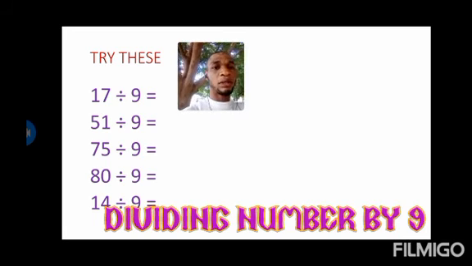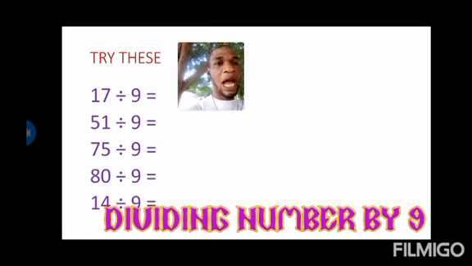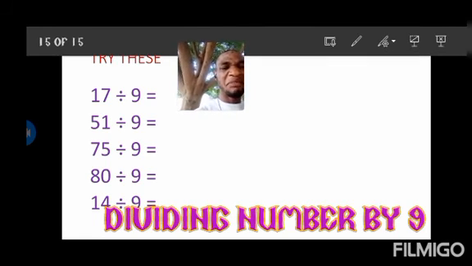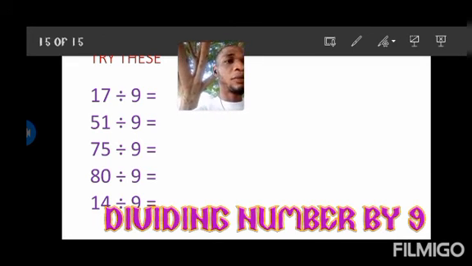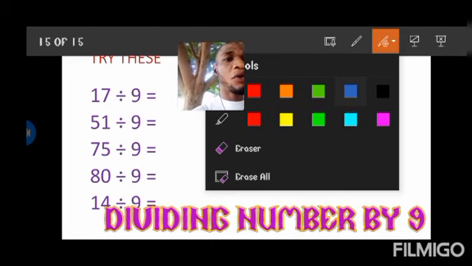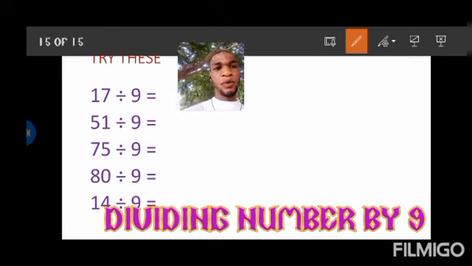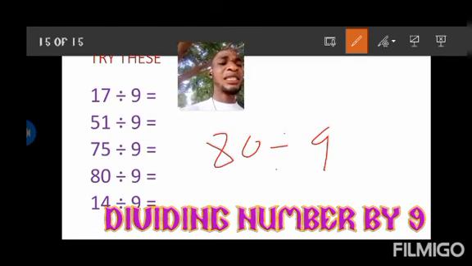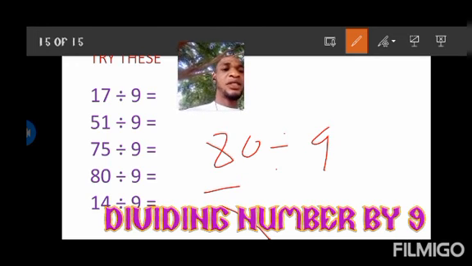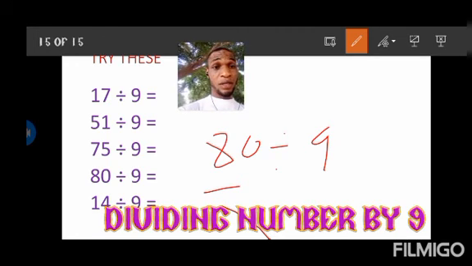So this is what I would do. I'm going to help you. I will do only number 4 for you. Let me use a red pen. Number 4 is 80 divided by 9. This is simple. The first digit here is 8.